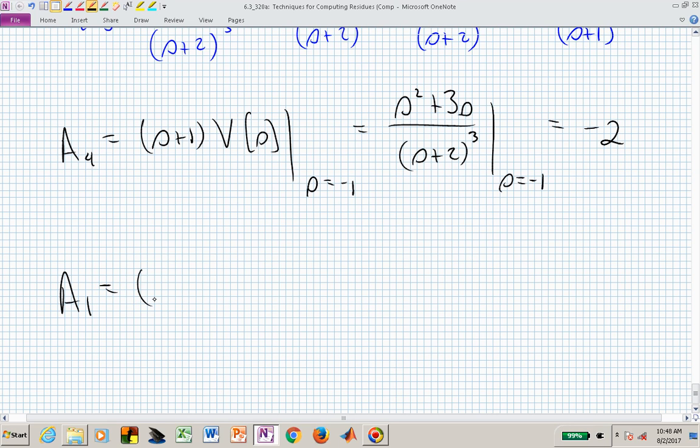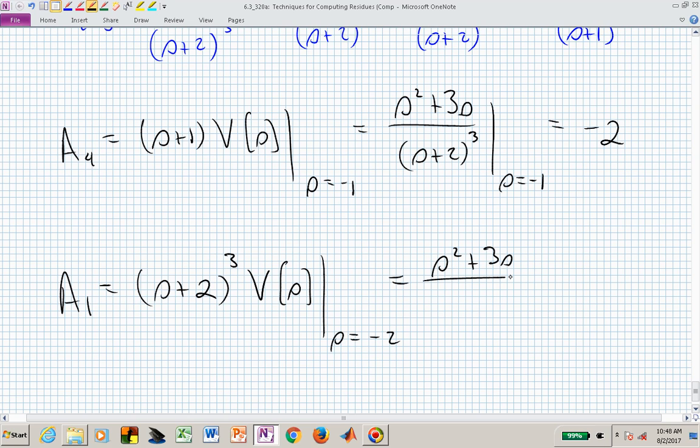So a sub 1 now is found by s plus 2 cubed v of s evaluated at s equal to the value that causes that s plus 2 polynomial to vanish, which is s equal to minus 2. We now have s squared plus 3s sitting on top of s plus 1, and we want to evaluate that at s equal to minus 2, and doing that we end up with 2.